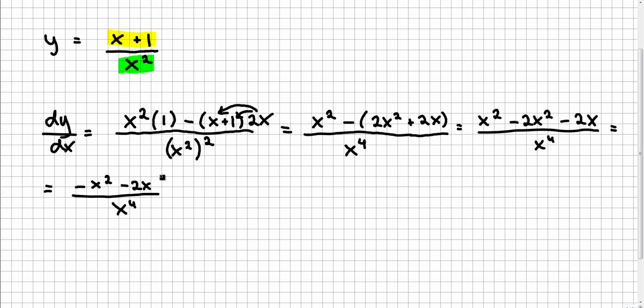So this is called the quotient rule, and it's because we have a function up here and a function down there.